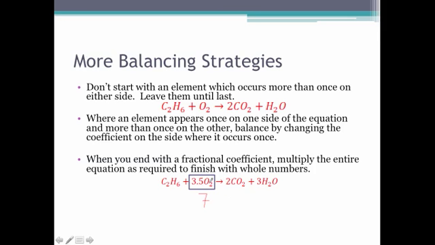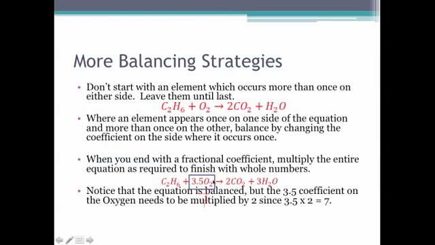The problem with writing the equation like this is that it looks a little inelegant using a fraction here, because if we think of this as molecules of oxygen, there's no such thing as half a molecule. But what you can do is multiply everything through by 2, and then you'll end up with a balanced equation.